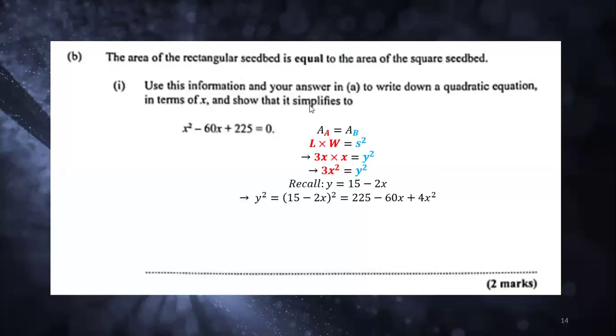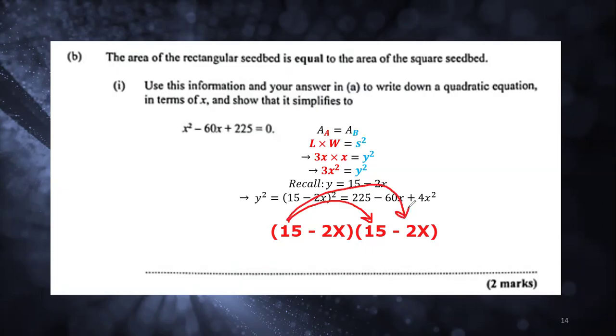So we're going to put open brackets, 15 minus 2x, into 15 minus 2x. So it's going to be 15 by 15, and then 15 by negative 2x.